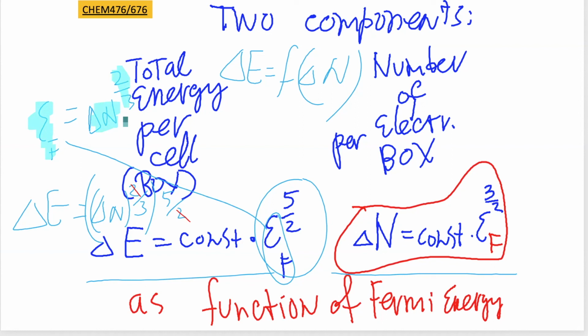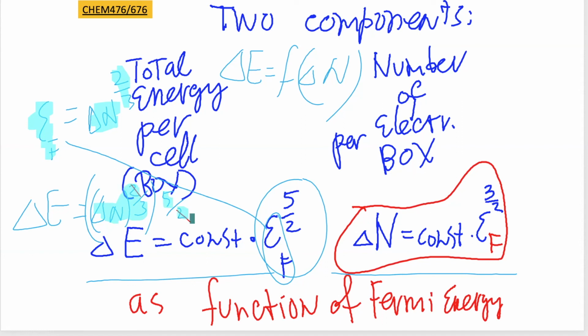And then I want to plug it into the expression for the energy of all electrons inside. So I take the number of electrons to the power 2/3, in the power 2 halves.